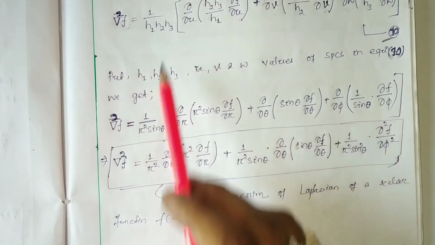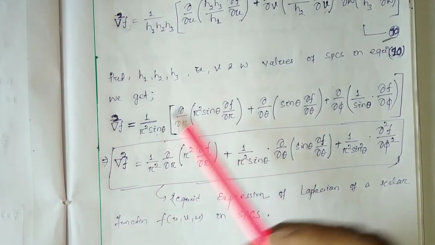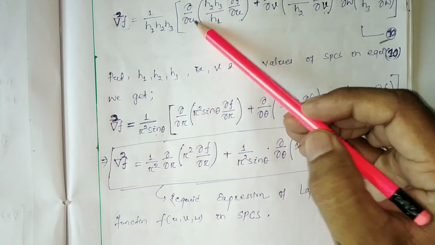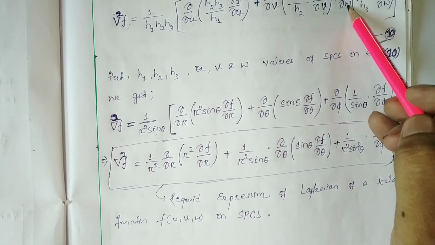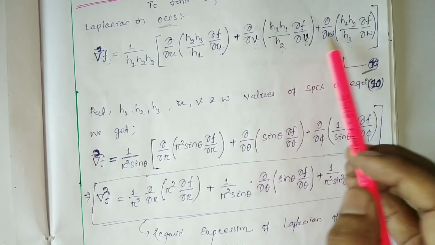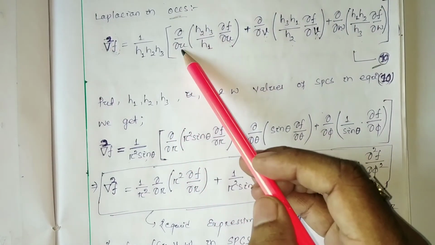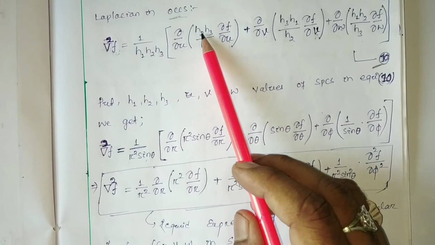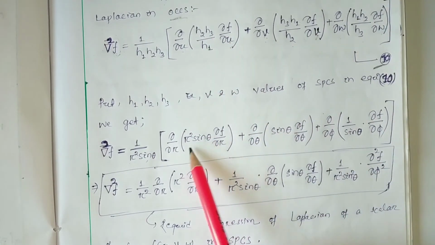h1 into h2 into h3 is nothing but r square sin theta. Here u is nothing but r, so here we have to substitute r, v is theta, and w is phi. So here del by del u becomes del by del r, and h2 h3 is nothing but r square sin theta, h1 is 1, so divided by 1.